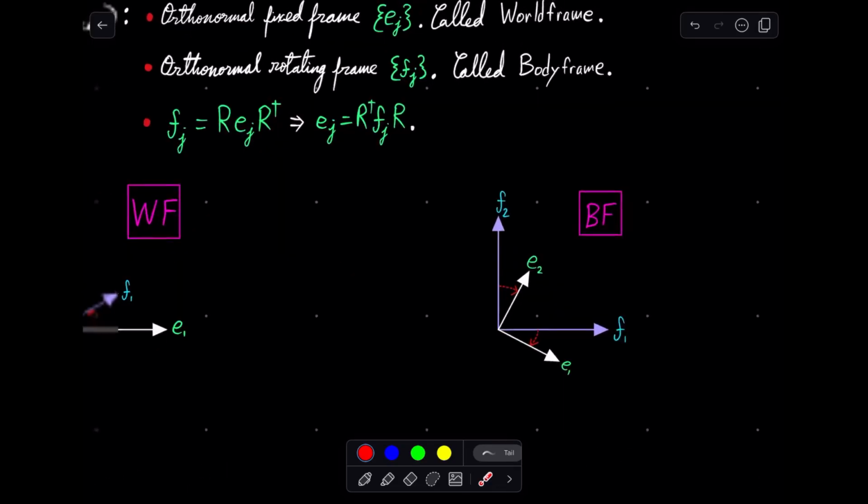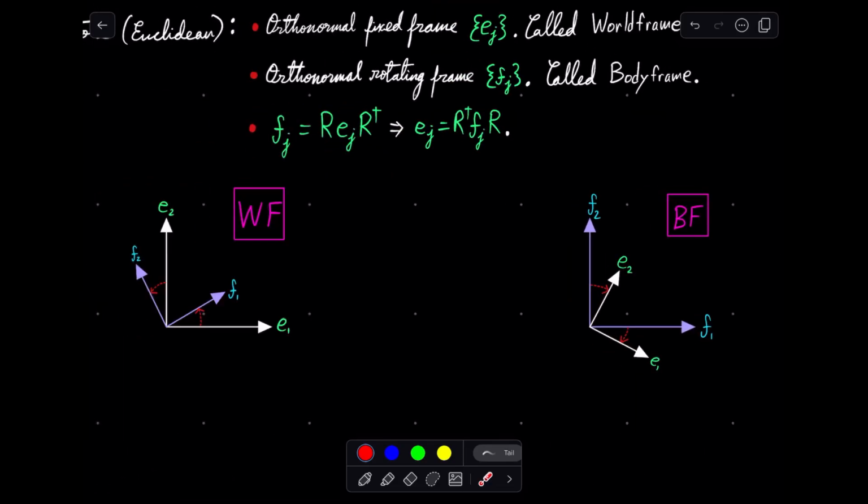They're not equivalent frames, but they describe the equivalent motion from 2 different frames, one being the world frame, one being the body frame.